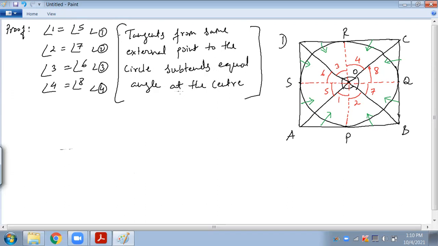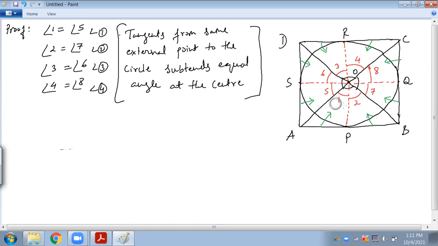Now, after showing that, if you see nicely, if you add up all these 8 angles, angle 1, 2, 3, 4, 5, 6, 7, 8, it is making a complete round. So the sum of all these angles will be a complete angle, so we can take their sum equal to 360.